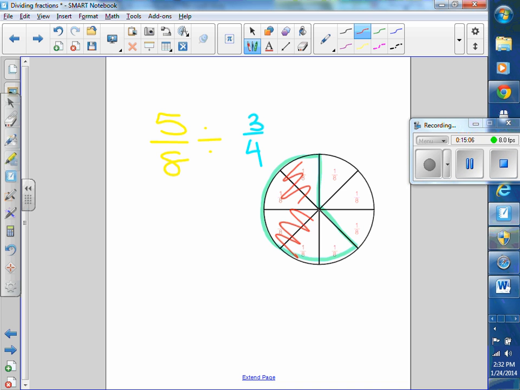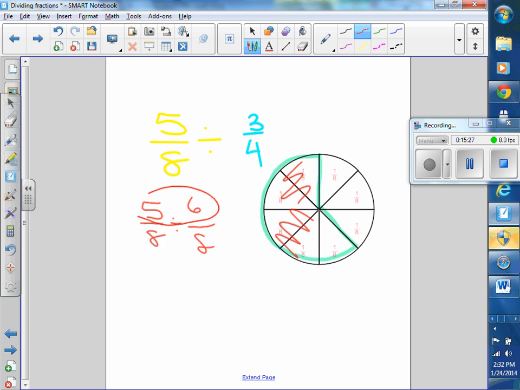It's less than 3/4. So if you think about that common denominator, you should see that it's not even a whole 3/4, right? It's going to be less than 1.